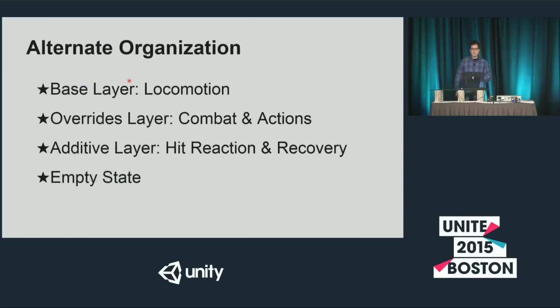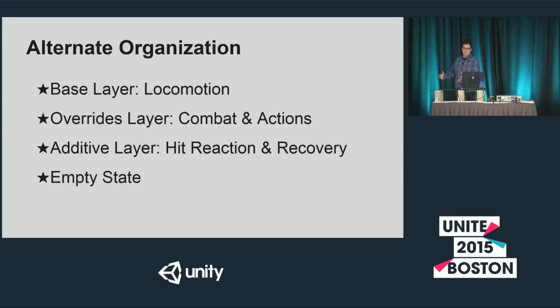So this alternate organization is a way that I've discovered after I wrote all that other stuff I showed you, a way to use layers other than just using different parts of the body to mask out, like a top layer and a bottom layer, or facial animations. It uses a base layer where you put your locomotion, and then the next layer up is an overrides layer.